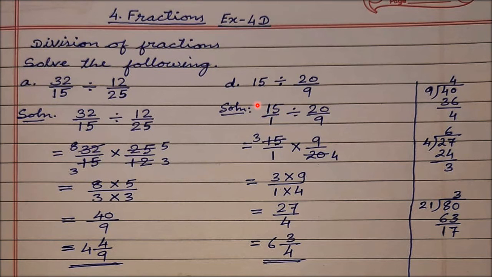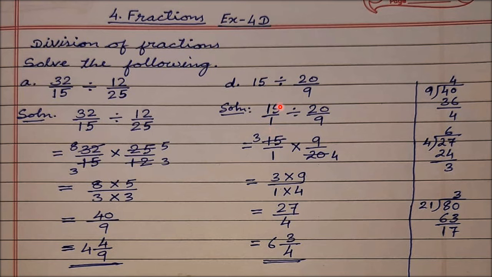However, 1 can be written in the denominator because the value does not change even if you write 1 in the denominator. 15 or 15 by 1 means the same number. So that's why we can always put 1 in the denominator for the convenience of our calculation.